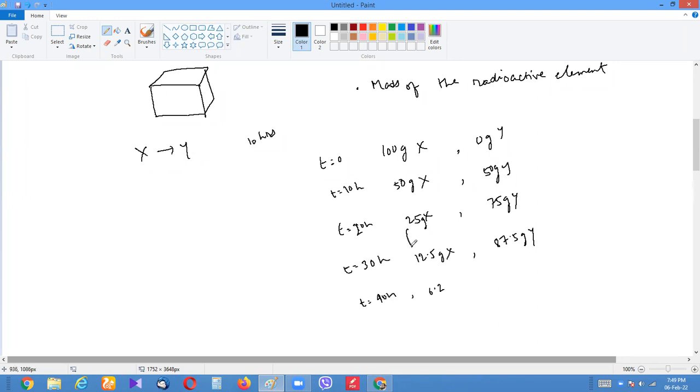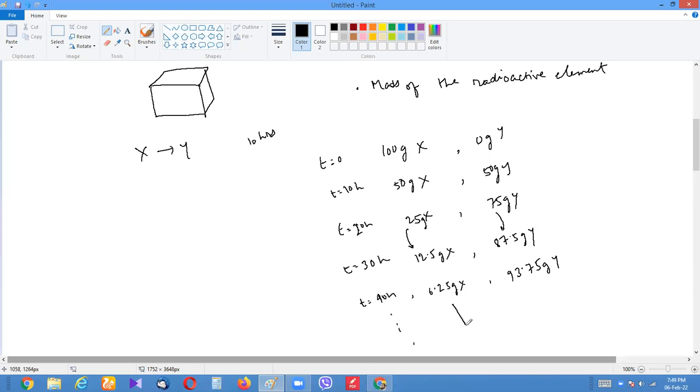This one reduced by 12.5, and that was added over here. So 12.5 gram X decayed, which basically means 12.5 gram Y was produced. After another 10 hours, you're going to have 6.25 gram of X and 93.75 gram of Y, and it will keep on happening like that.